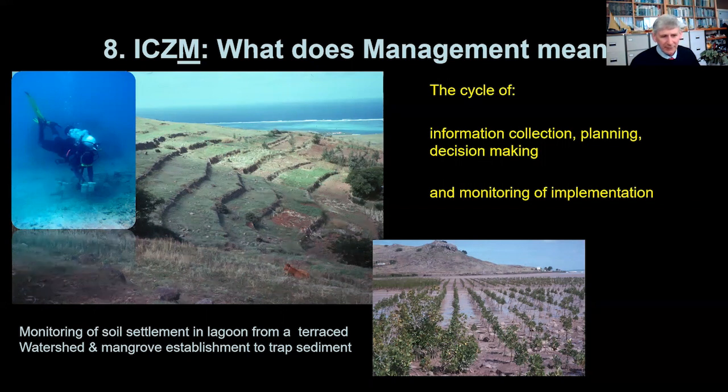But these being volcanic soils, they're quite fertile, but they also quite quickly get eroded away, particularly by wind and rain. So the problem in Rodrigues is that a lot of this soil is coming down the watersheds and ending up in the lagoon.